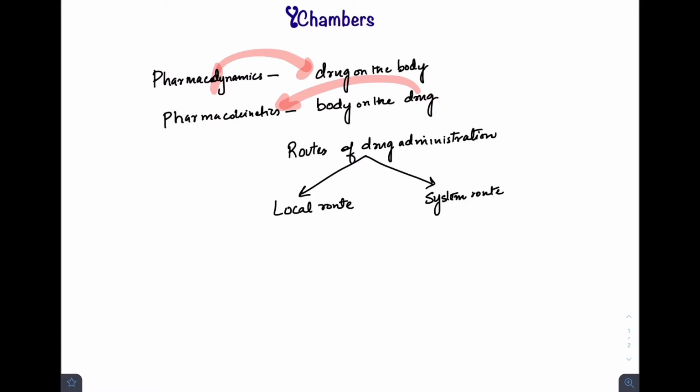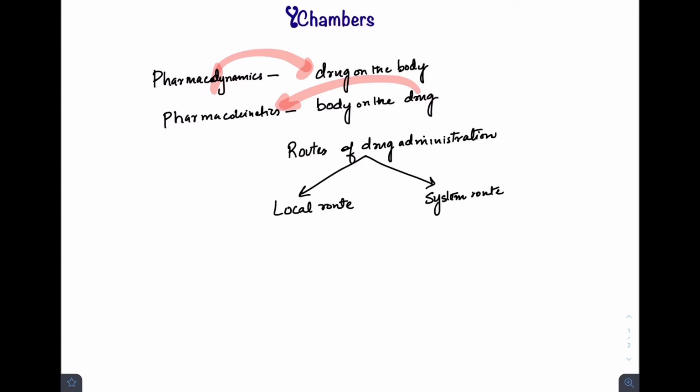It can be skin, it can be a mucous membrane, it can be in the intrathecal area, it can be in the intra-articular area. But in case of systemic route of administration, we are administering the drug which is directly going into my systemic circulation.